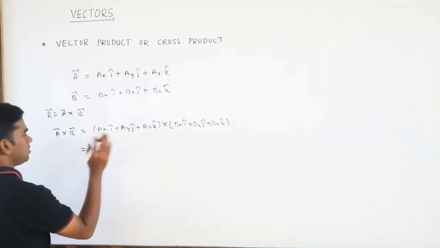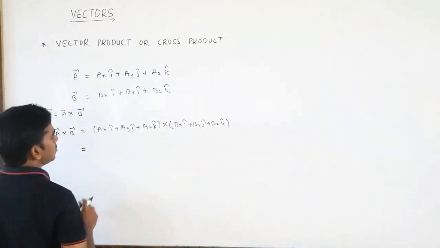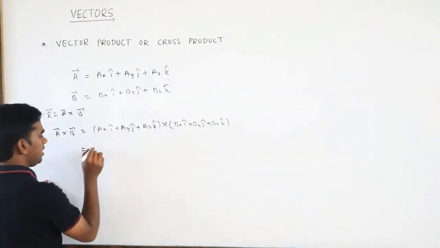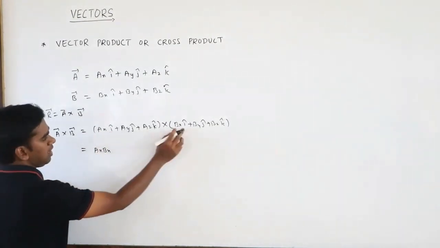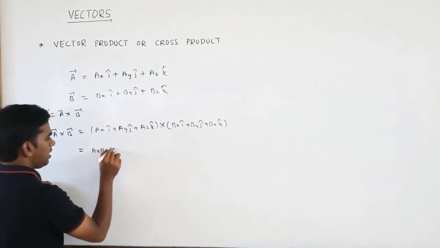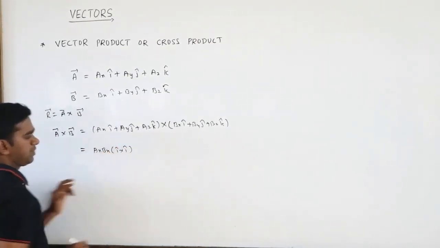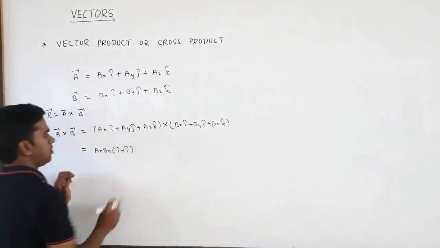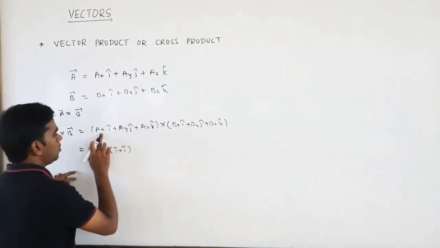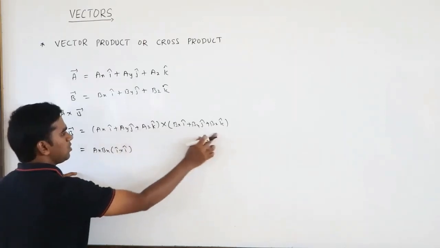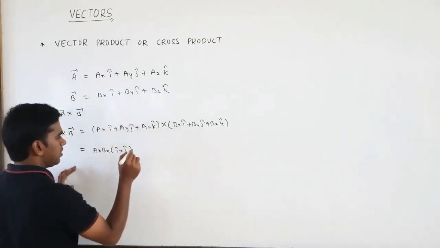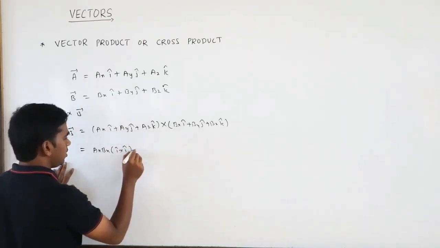Now Ax Bx you write as it is, I cap cross I cap, plus you have to do Ax with all three, Ay with all three, and Az with all three. A little lengthy one, so don't worry about that.